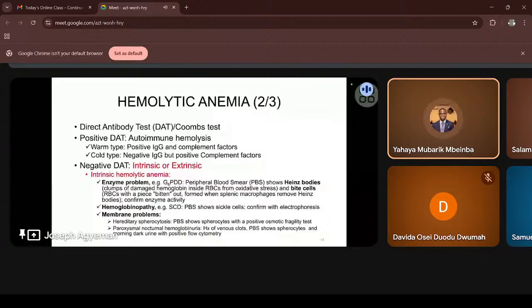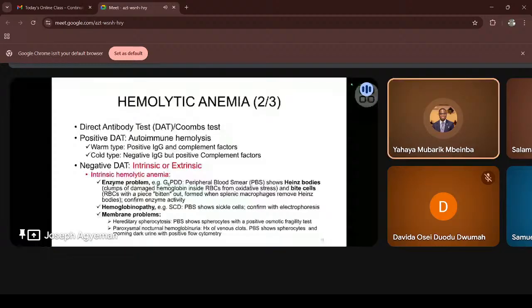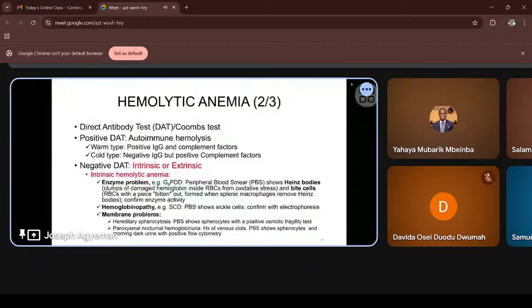There's a slide for such spherical red cells. They always fail the osmotic fragility test. You will see that you are undergoing hemolysis all the time because your red cells are spherical and the body doesn't know any spherical red cells.